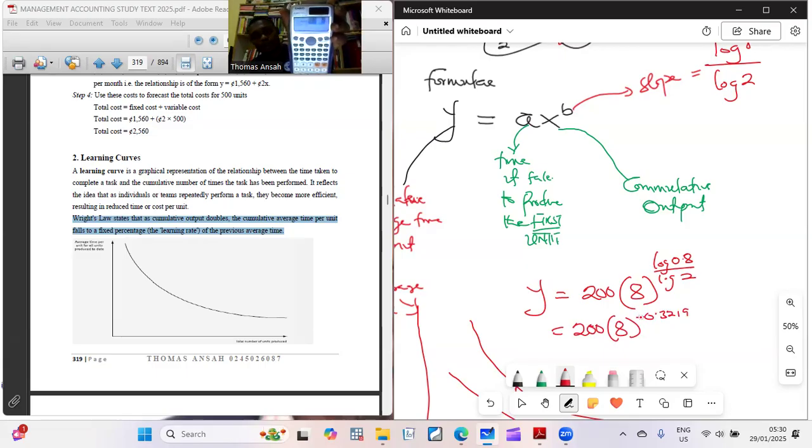I'm going to multiply it by the 8. Oh, sorry, it was a raised to the power, so I should have done this differently. I say 8 raised to the power minus 0.3219.